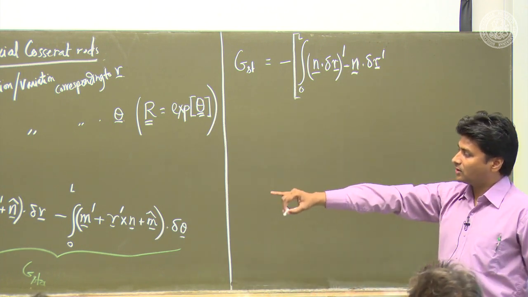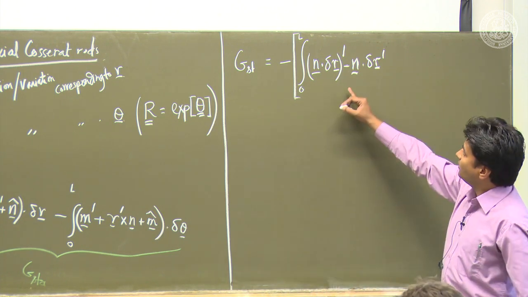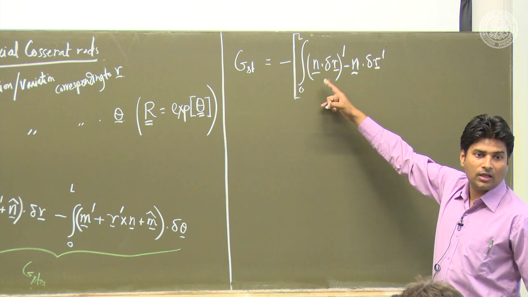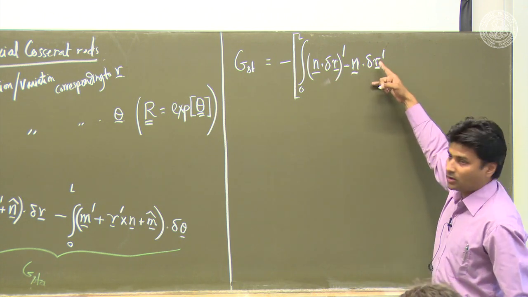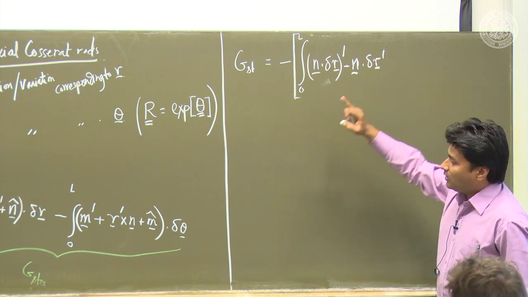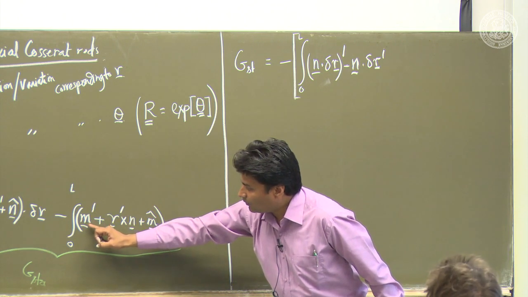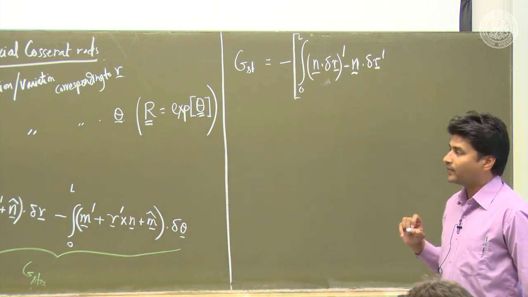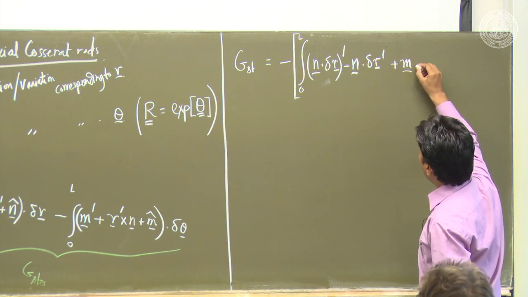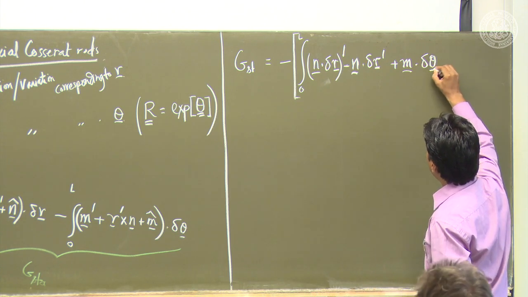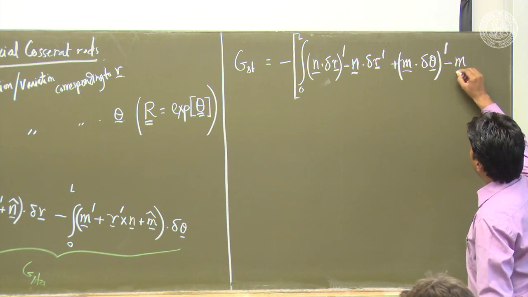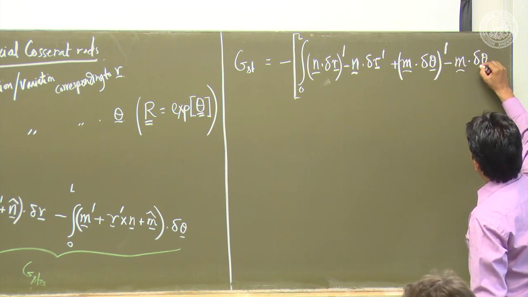What we had over there was n prime dot del r. So when you expand this, you get two terms, n prime dot del r plus n dot del r prime, which cancels with this term here. Similarly, you could also think of passing the derivative from little m prime on to del theta, and what we would have is plus m dot del theta whole prime minus m dot del theta prime.